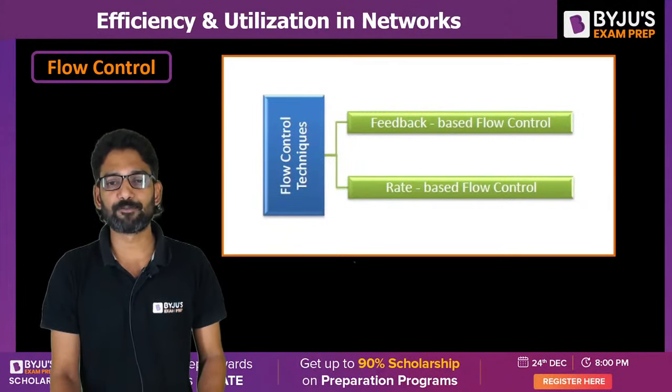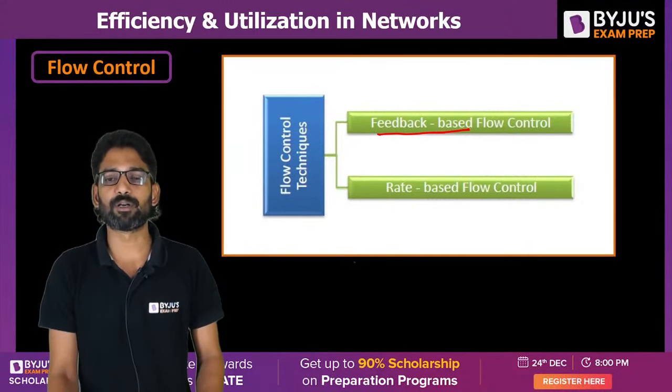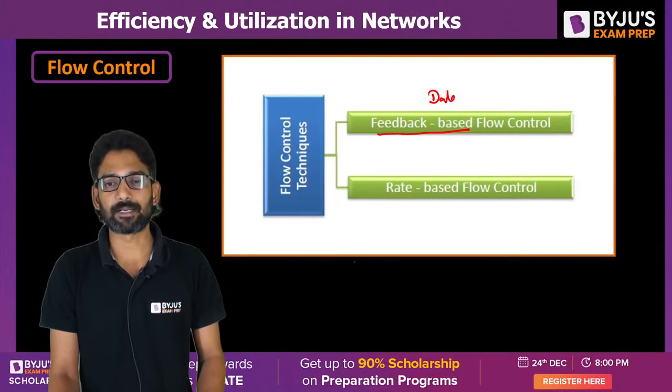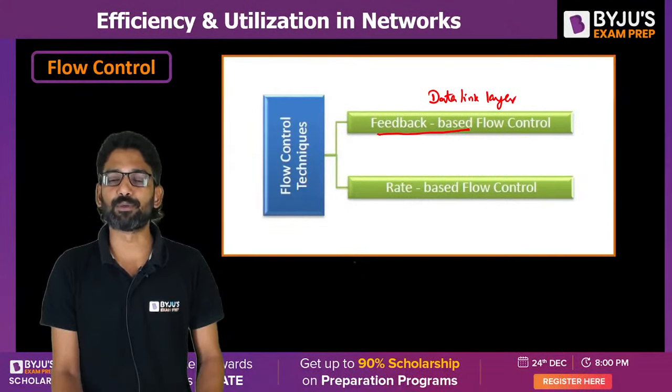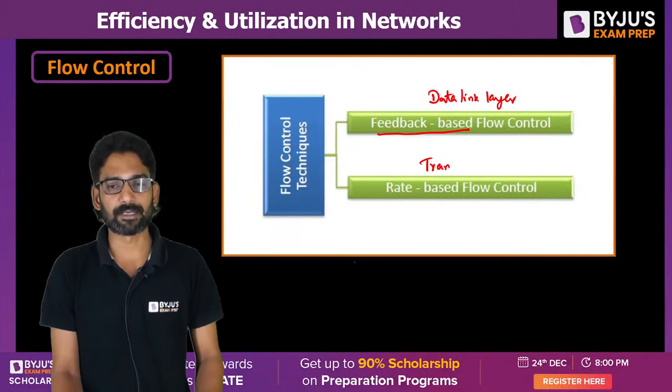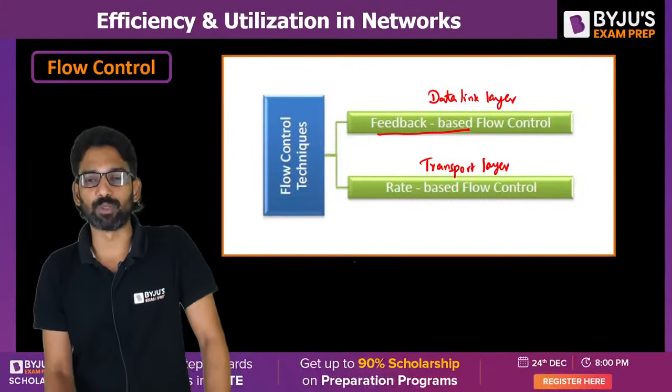Feedback based flow control is what happens at the data link layer. Rate based flow control is what happens at the transport layer, in the name of congestion control.